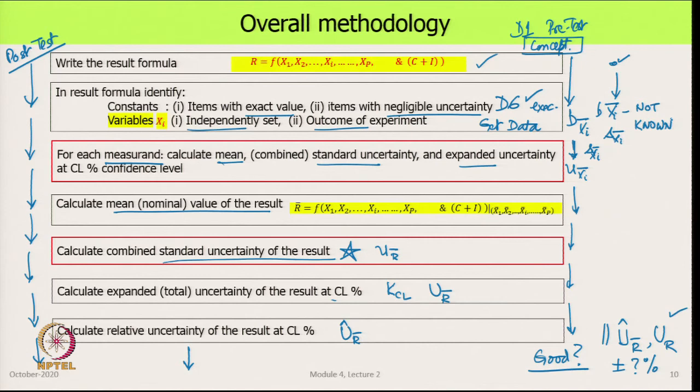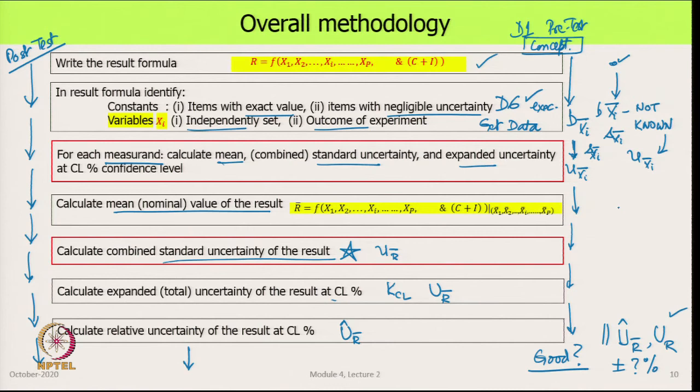Now, we have the issue. The result uncertainty is known, but one or two of the uxi bars are not known. So, what we do is get the calculation done and say, if I do this strategy, what uncertainty will I get?